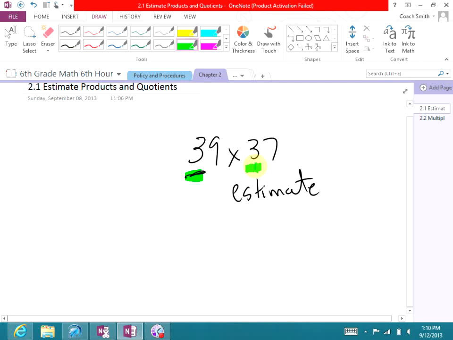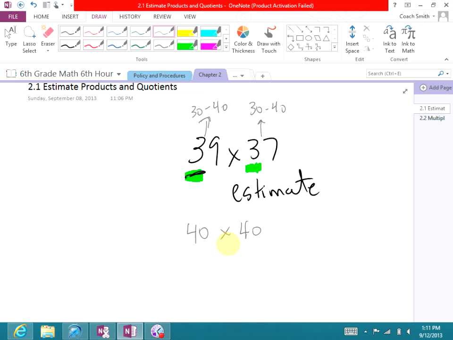So what we're basically looking at then is, is 39 closer to 30 or 40? 40. Is 37 closer to 30 or 40? 40. Now we have a problem that gives us an estimate, 40 times 40. What is 40 times 40, Tayshawn?